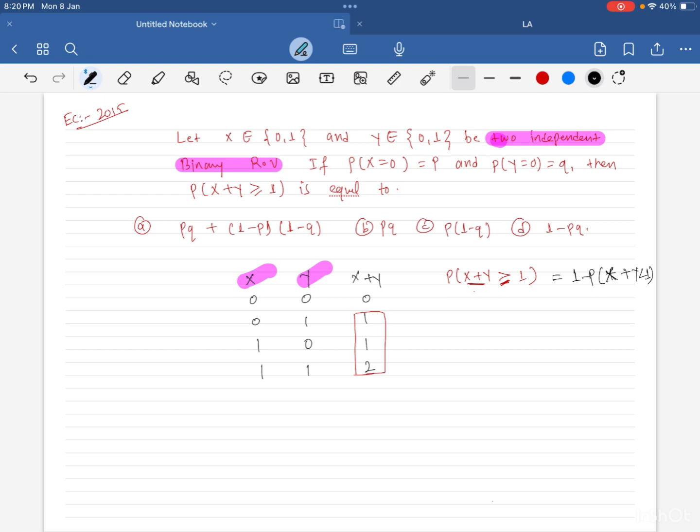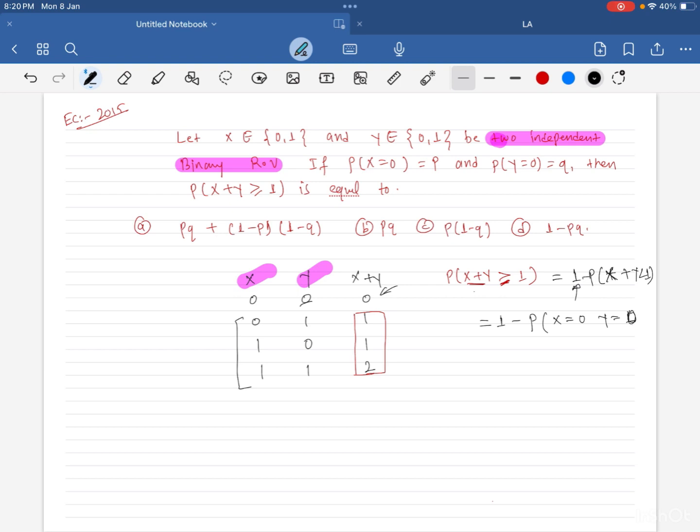So instead of finding this, we can pick this and subtract it from 1, and this is nothing but 1 minus the probability that x is equal to 0 and y is equal to 0. Sorry, y is equal to 0, right?